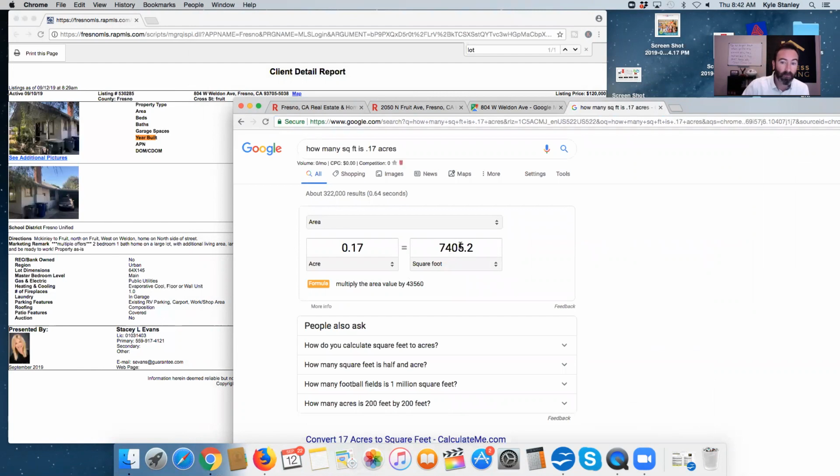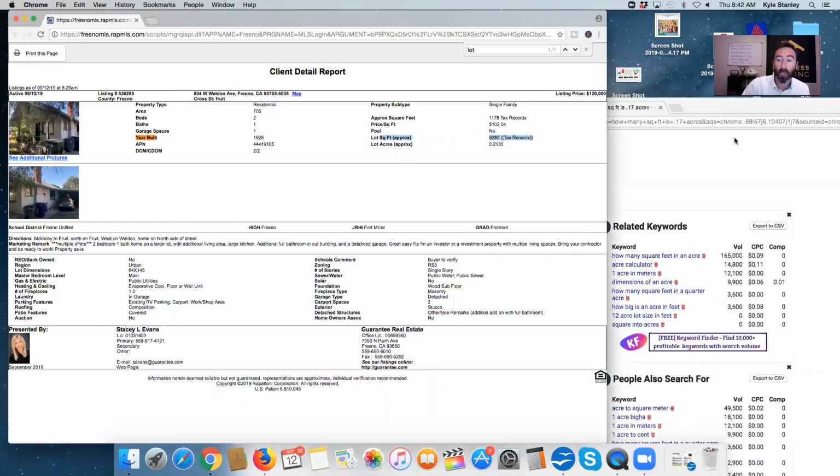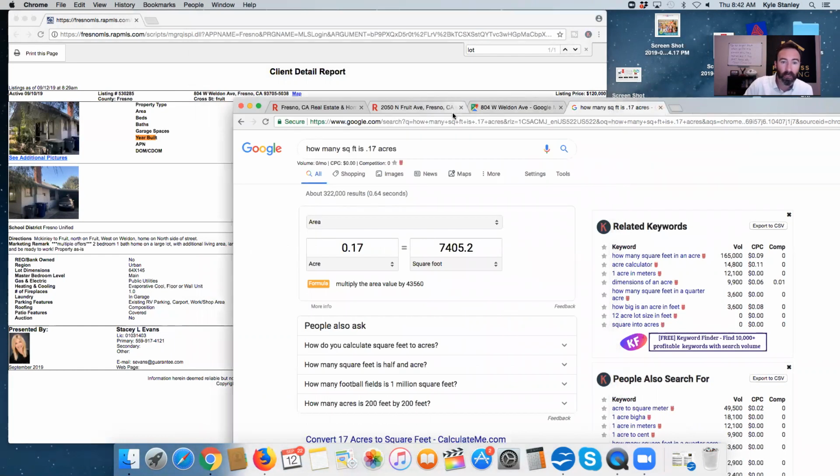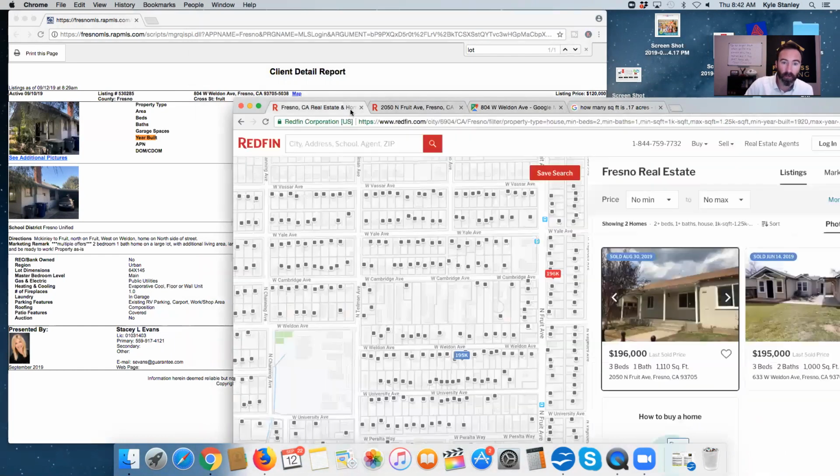That's 7,405 feet. So my lot is a little bit bigger. What I'm looking at is, maybe because I have fewer rooms in the house but more lot space, that kind of cancels each other out. So guys, what I'm seeing here is a really solid comp.